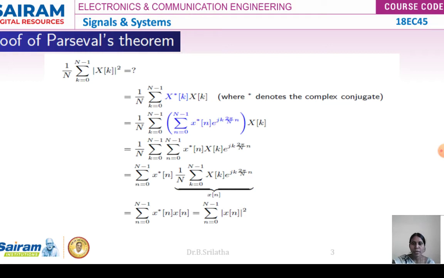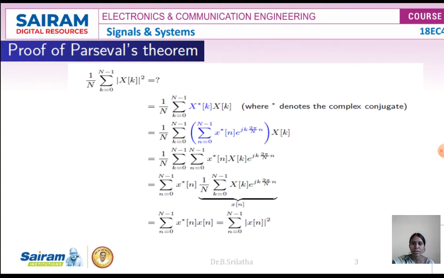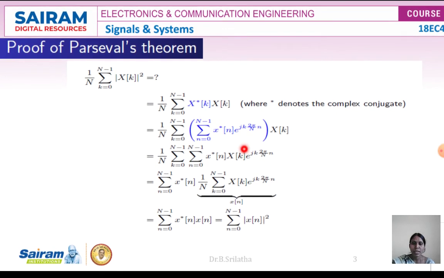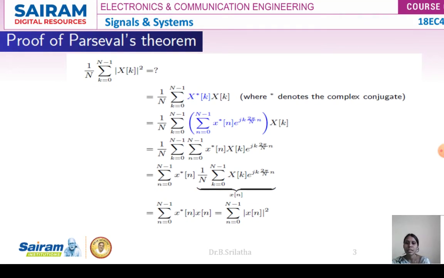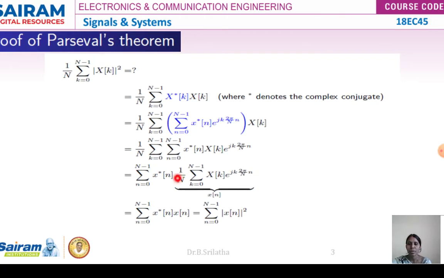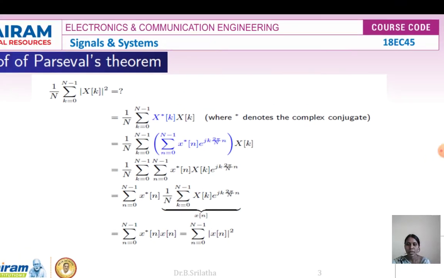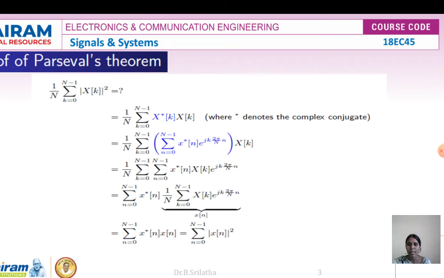Now we multiply this X star of k with X of k into e power j k 2 pi by N into n. First we interchange the summations. I write summation n equals 0 to N minus 1 of x star of n, times 1 by N summation k equals 0 to N minus 1 of X of k into this exponential. This whole thing is nothing but x of n.